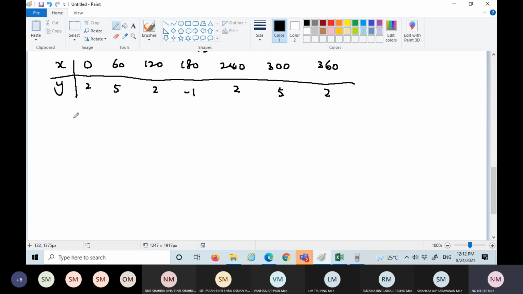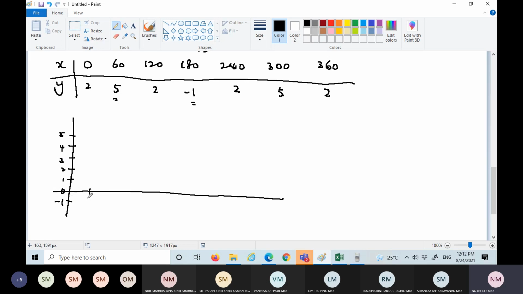Now for the y value, the maximum is 5 and the minimum is -1. So you can draw this way. 1, 2, 3, 4, 5, and then -1 here.